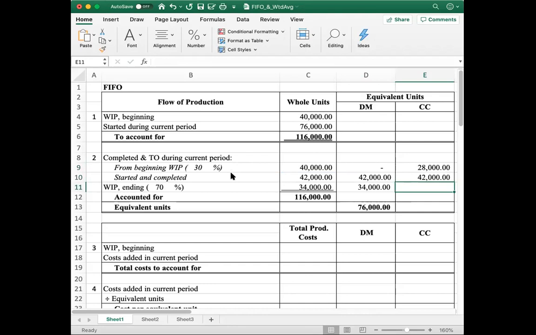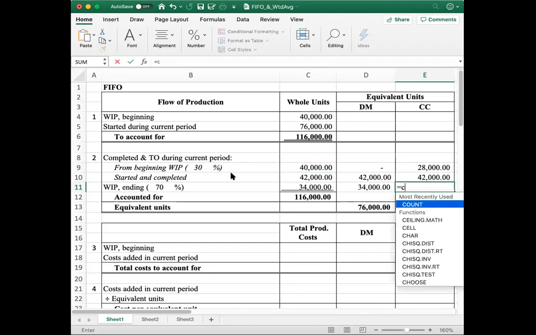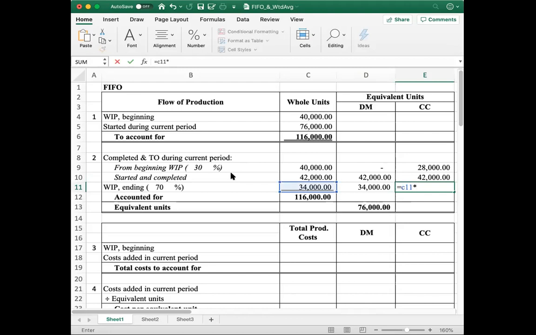And then the last one is work in process ending, which suggests 70% completed. So 70% completed when? 70% completed during this period. So that means 34,000, which is C11, is 70% completed, or 0.7.